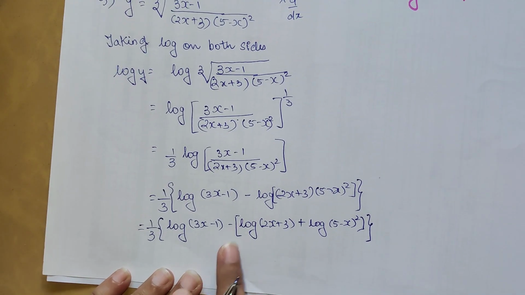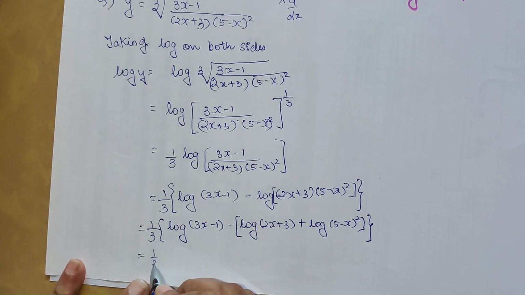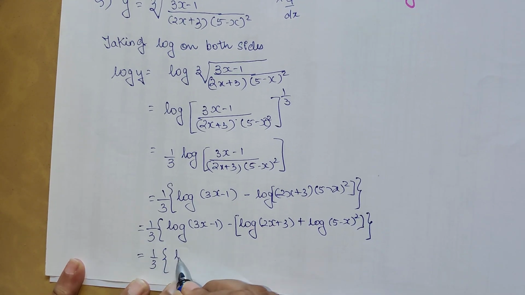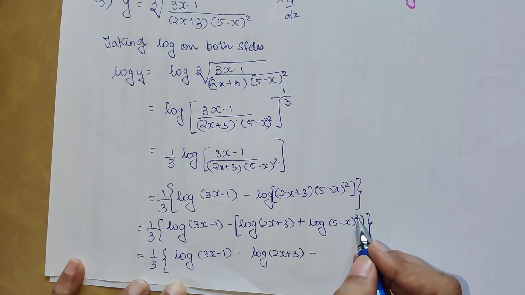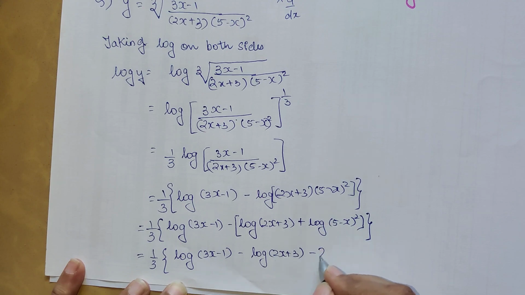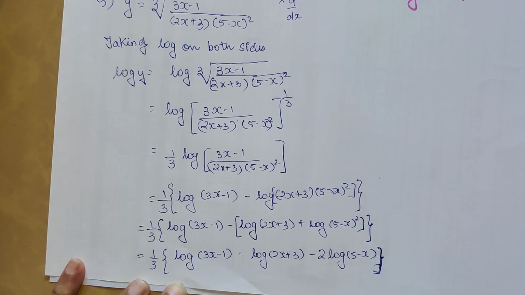Now let's take this minus inside. So 1 upon 3, in the bracket, log of 3x minus 1 minus log of 2x plus 3 minus, this is an index so we'll take it ahead, 2 log of 5 minus x, and we'll close the bracket here.